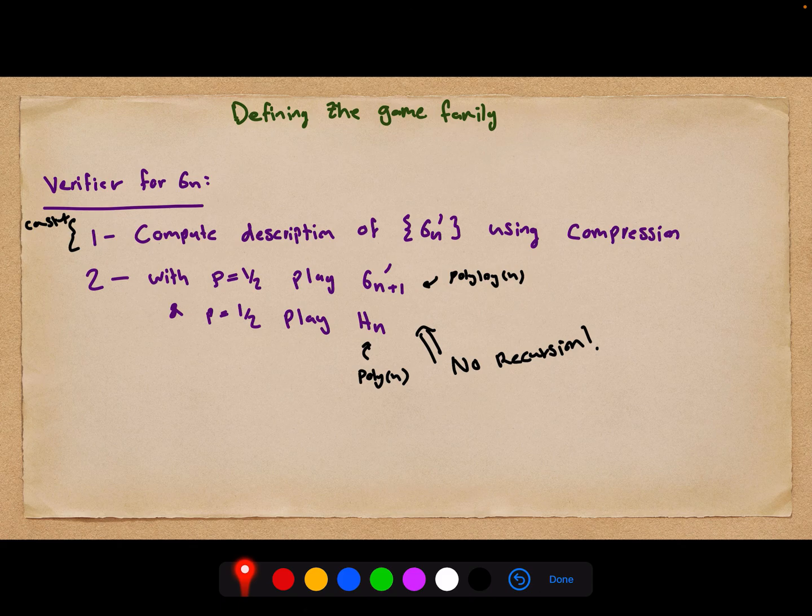And then with probability 1/2, it runs hn, which again is a polynomially bounded game. Therefore, this entire verifier is polynomially bounded. Okay, so this is the definition of the new family of games that we've produced using our compression. And now we're going to argue that the first game from this family has the supercompression properties that we require.